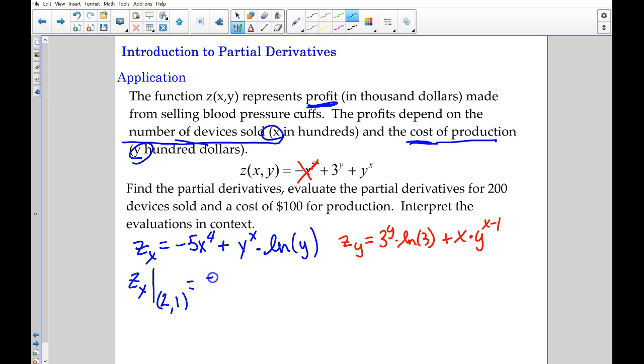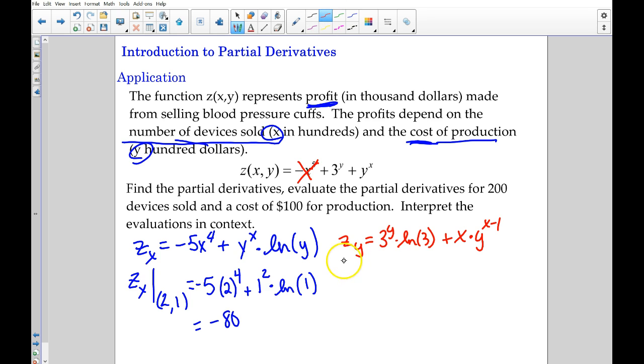I plug that in: negative 5 times 2 to the 4th plus 1 to the 2nd times natural log of 1. Natural log of 1 is 0, so that all wipes out, and 2 to the 4th is 16 times negative 5 is negative 80. I'll come back to units in a second.